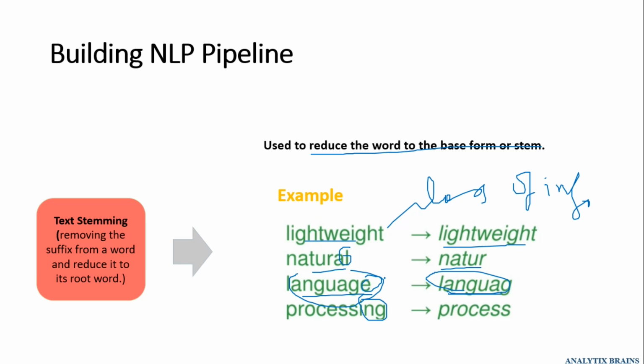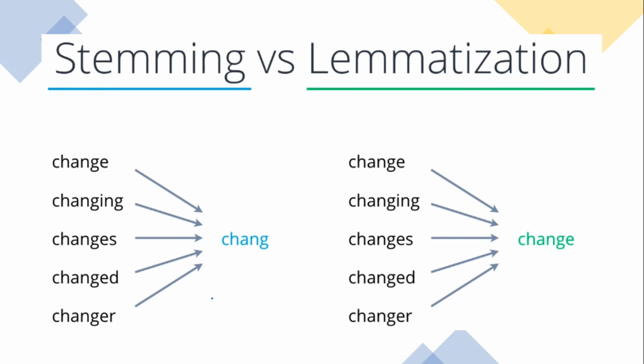It will reduce the chances of getting accuracy at the time of modeling with respect to text processing, and it will also give less weightage to the words. That is the reason we mostly go for lemmatization when we do text normalization. This is a very basic example of the comparison between stemming and lemmatization. In stemming, as you can see, the inflection form has been removed.